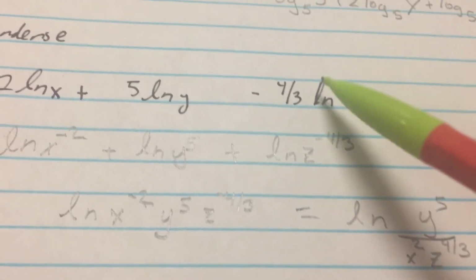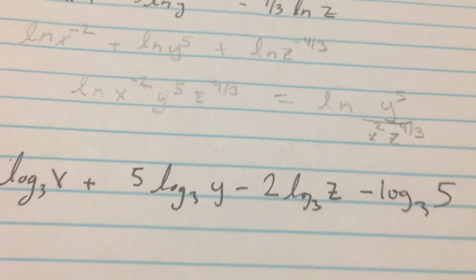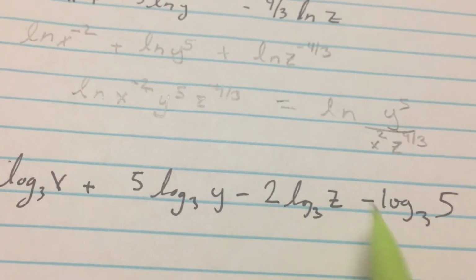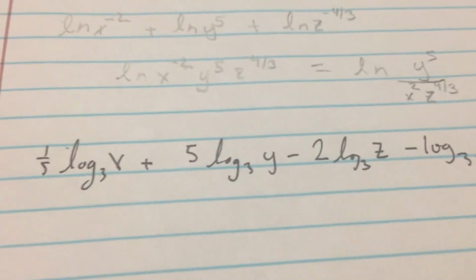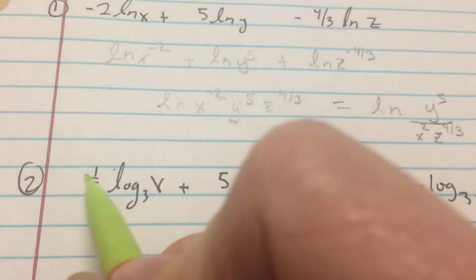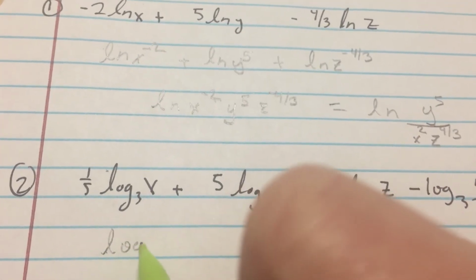I'm going to use that same trick that I used up here for this problem, because I see that I have two negatives and I want to make sure I don't have a fraction over a fraction over a fraction. So first thing I'm going to do is use all my exponents.